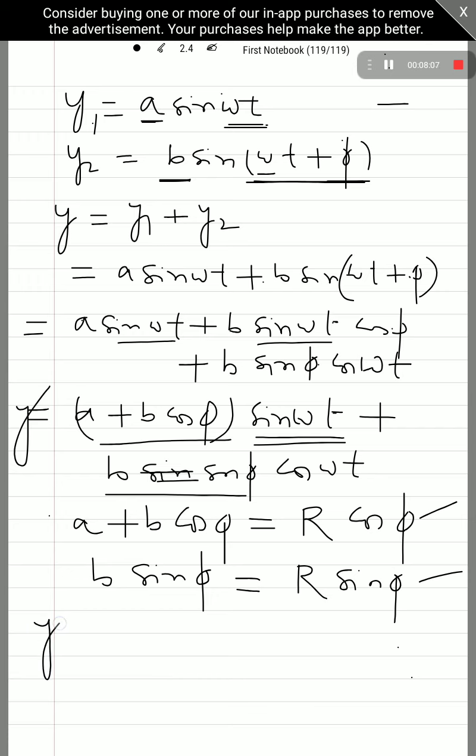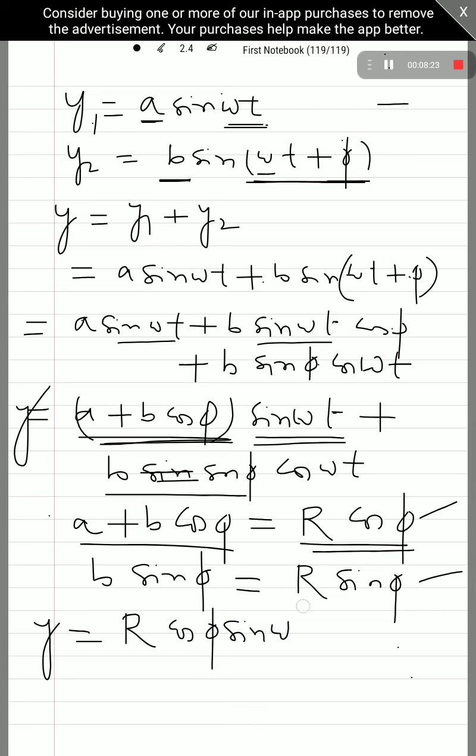So y equals R cos theta sin omega t plus R sin theta cos omega t, and it can be written as R sin(omega t plus theta), using sin(A plus B).